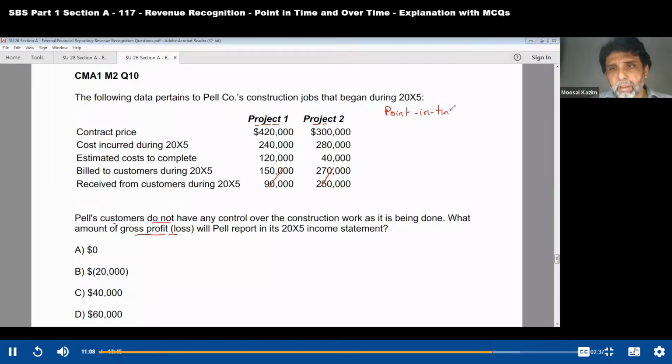What does that mean? It means that you have to recognize revenue, expense, and loss only after the project is complete and the customer gains control over the projects. Until then, you would not recognize anything. It will all be hidden in the balance sheet in the form of contract assets and contract liabilities, which I'll explain later.